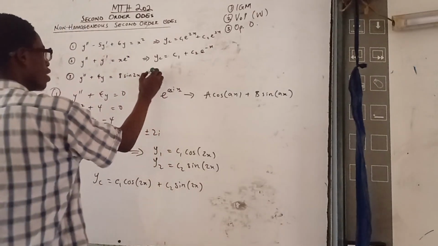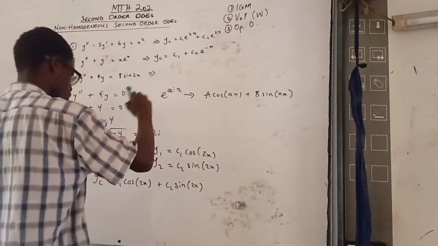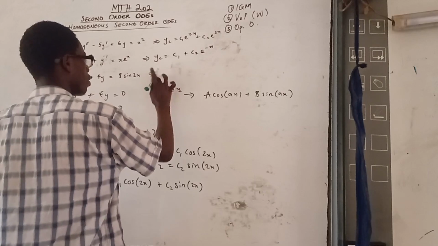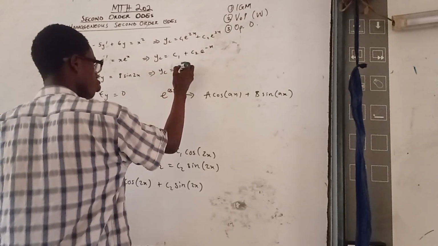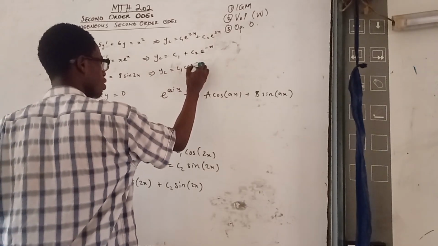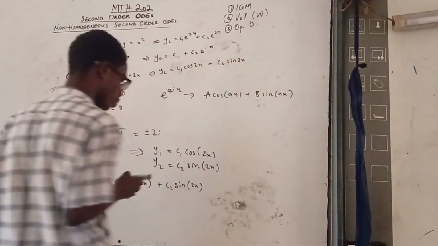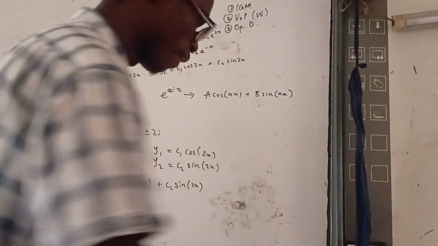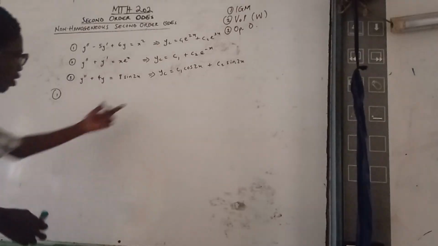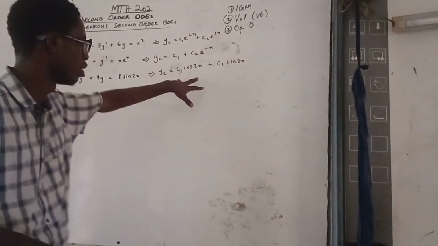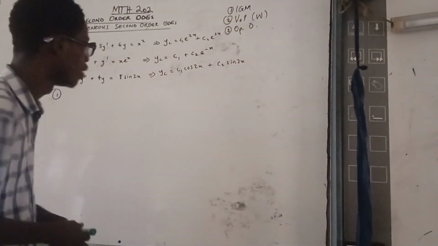I can now write it here as yc equals c1 cos 2x plus c2 sin 2x. So we have gotten our complementary y solution.